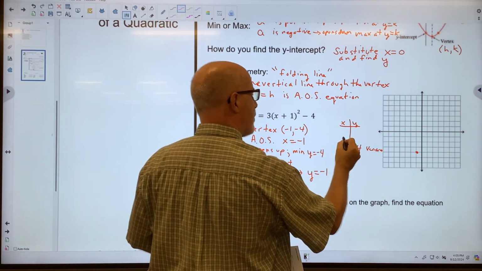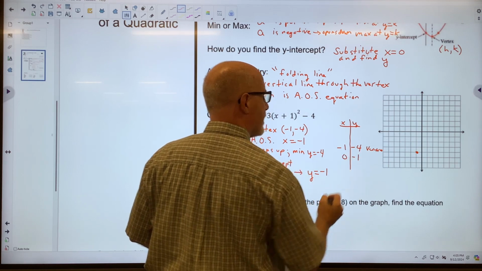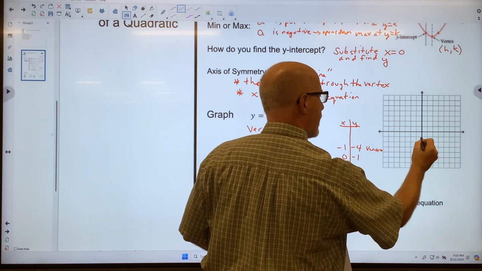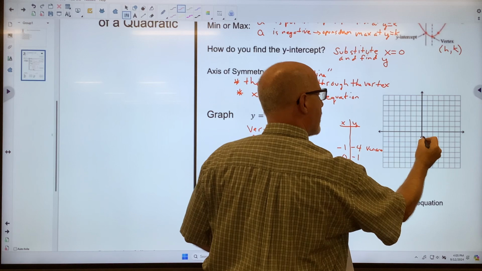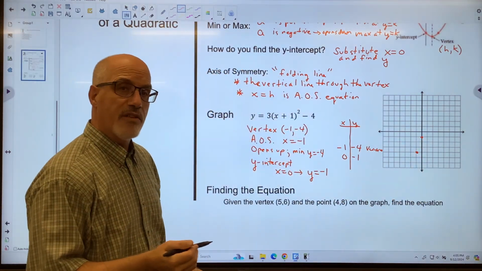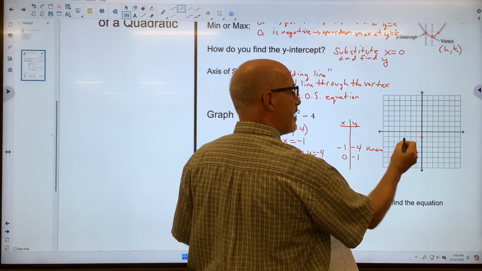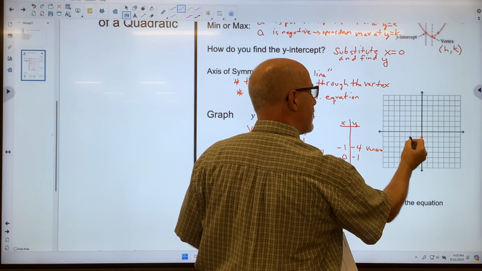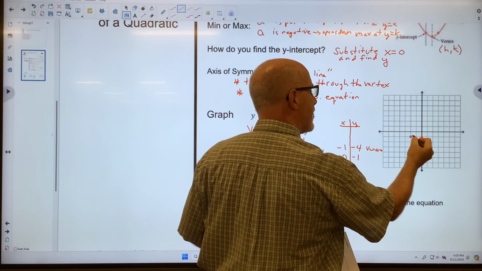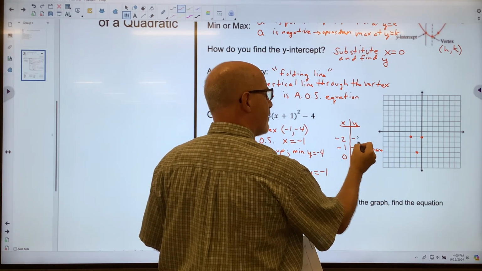So we're going to have the point 0, -1. Okay, so that will be right here. That's my y-intercept. Now we know the symmetry involved in this. Remember, if there's a point on this side, there's always a point on the other side of the vertex. So we know there's going to be another point here. Even without looking at the equation, there's going to be one at -2, -1.